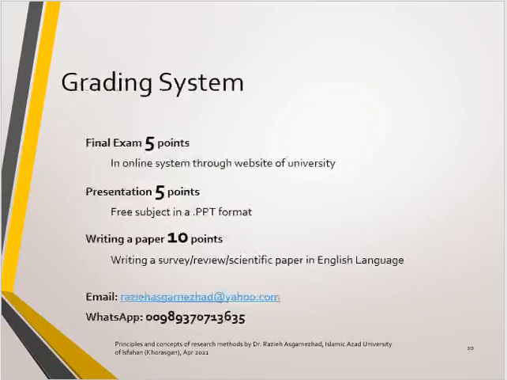And the grading system in this semester consists of 5 points for the final exam. The date of the final exam is defined by the university, not me. And 5 points for presentation.